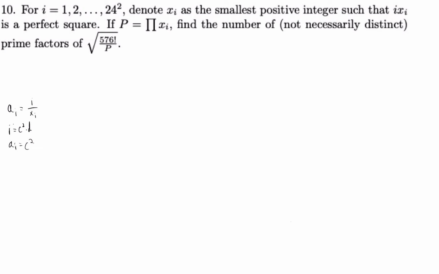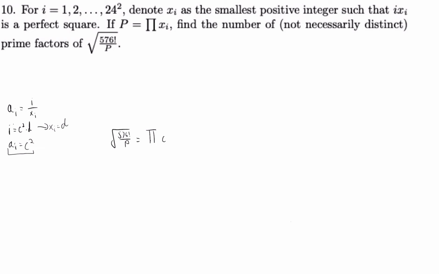Well, we know that x_i has to be equal to d, so that i times x_i is a perfect square, namely c squared d squared. So then i over x_i would be c squared times d over d, which is c squared. And so basically, the square root of 576 factorial over P is equal to the product of all c.